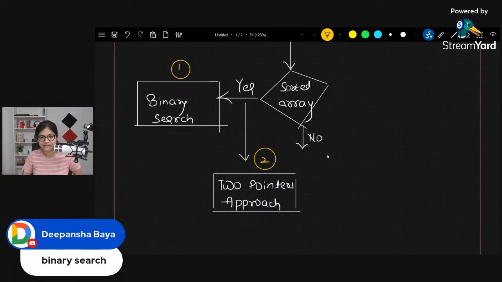Let's say the array is not sorted. So what is the question asking for?